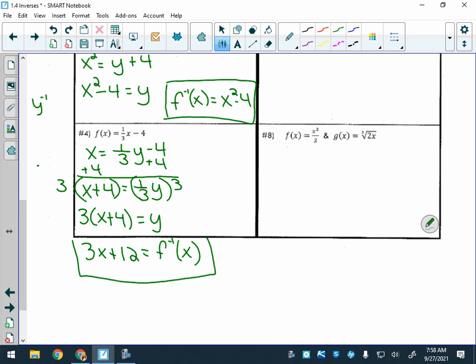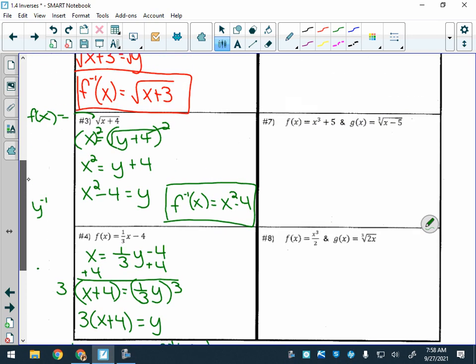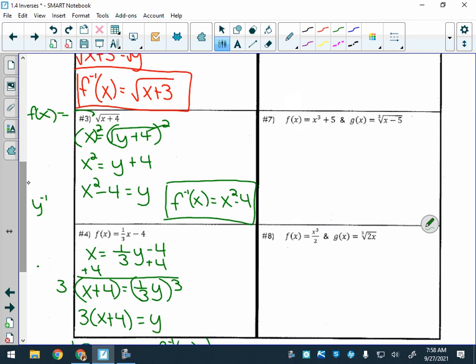Look at number 7. Okay. The next column, and we're only going to do 1 or 2 from the next column because some of them can be a little difficult to see. We're going to try them. So number 7, we need to prove that these two are inverses, or to see that they're inverses.